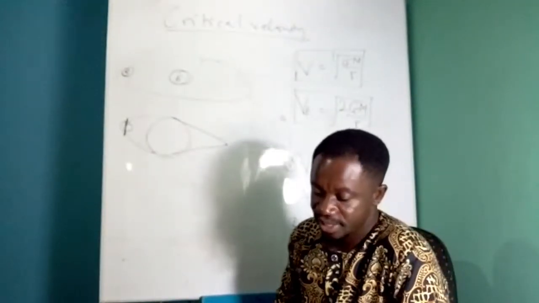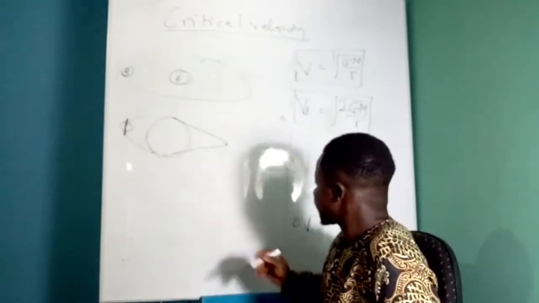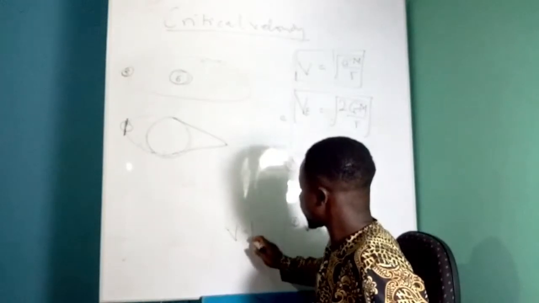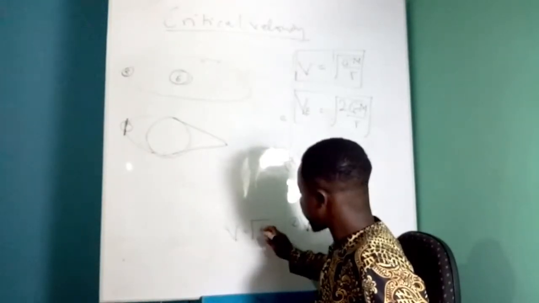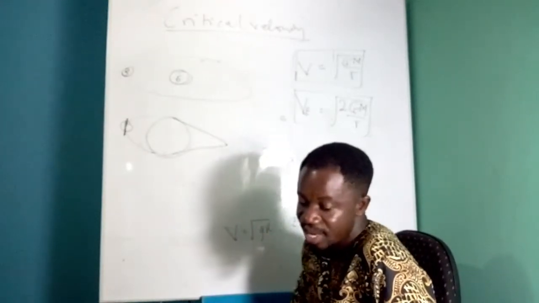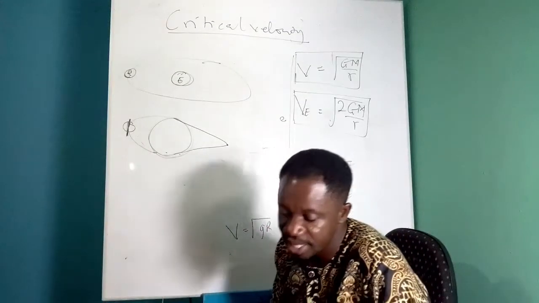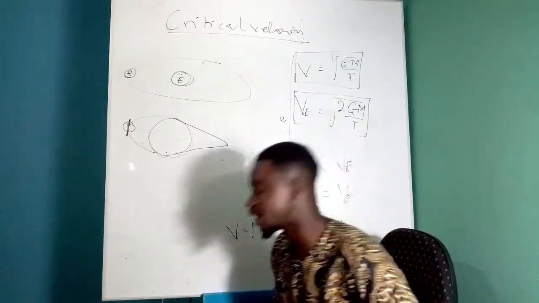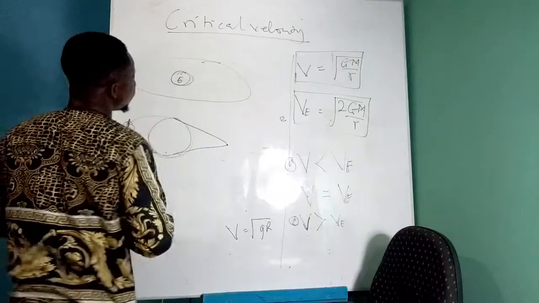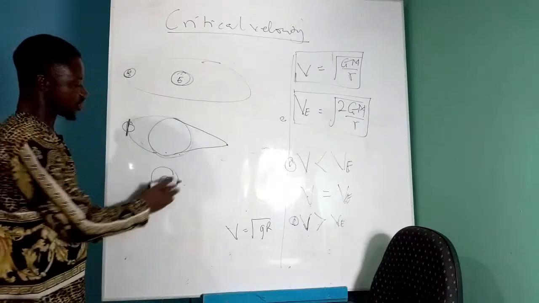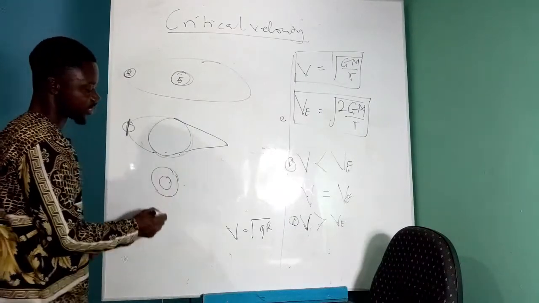And the last one, when the critical velocity V is equal to the square root of gR, where R is the radius of the Earth, then the satellite revolves in a circular orbit around the Earth, like this.